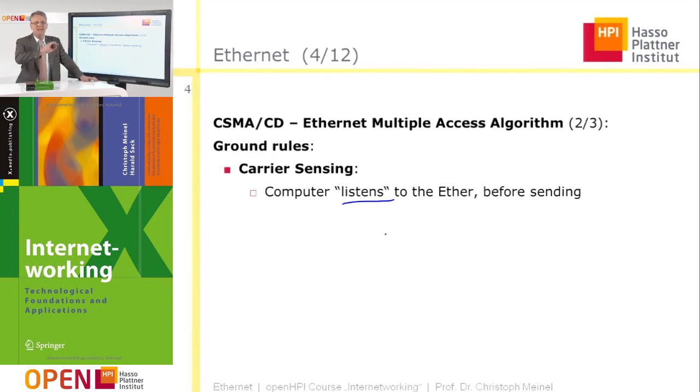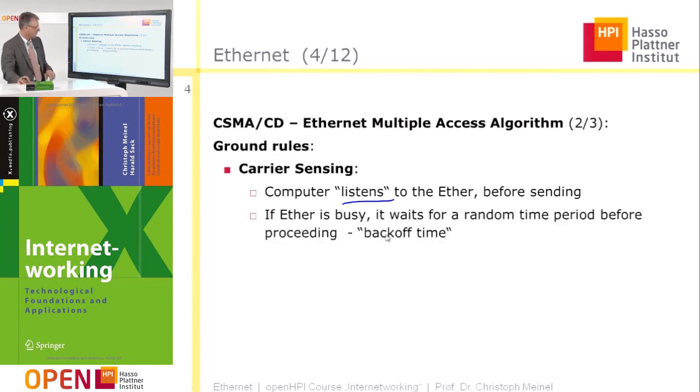And as long as the computer finds out that there is a data transmission, then it is not starting its own transmission. If the ether is busy, it waits for a random time before it proceeds. And this time is a so-called back-off time. And there are algorithms which determine this back-off time.